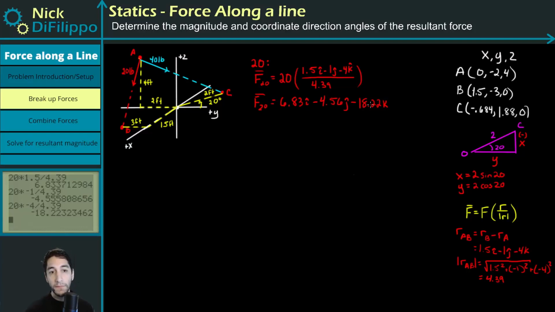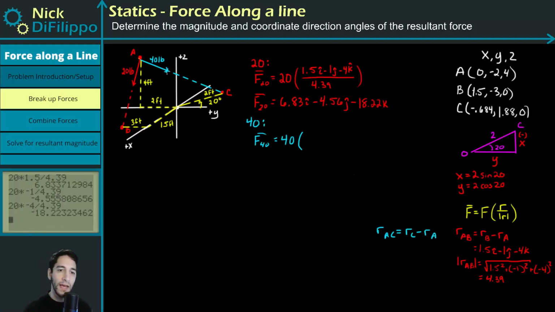Now we have to do the 40-pound force. And this 40-pound force, we do the exact same procedure. So we're going to have the force, the vector, is going to be 40 times, now we need to figure out the position vector of A and C. Well, we're going to have our position vector equal to RC minus RA.